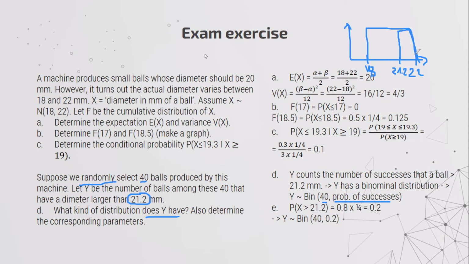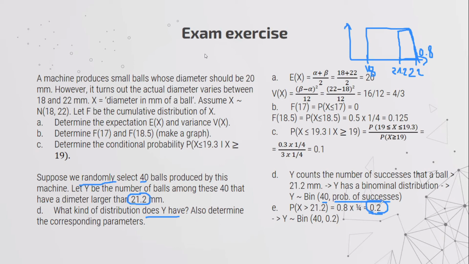That area is just that side, which is 0.8 times the height, which is 1/4. So 0.8 times 1/4 should be equal to 0.2. And that is our chance of having a ball with diameter larger than 21.2.